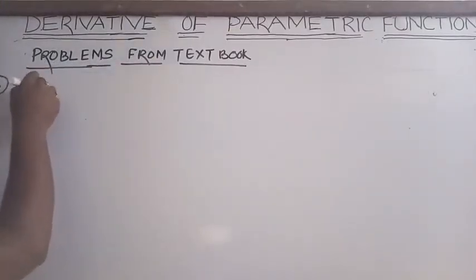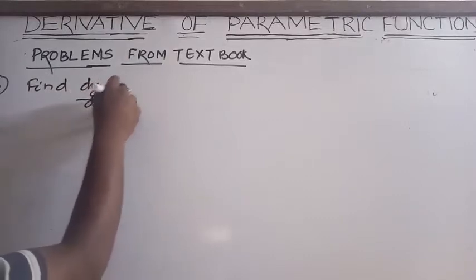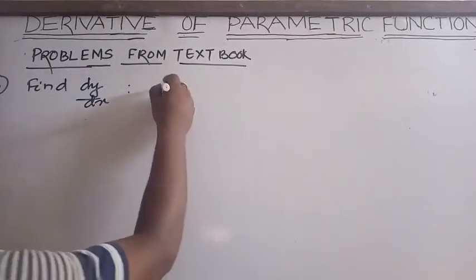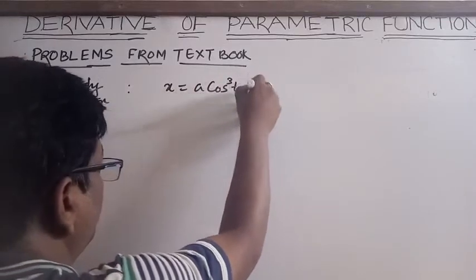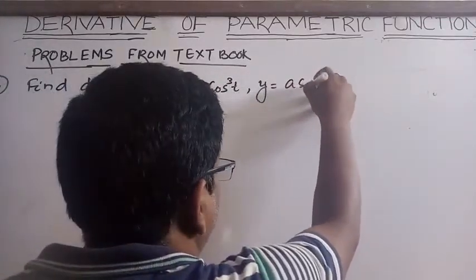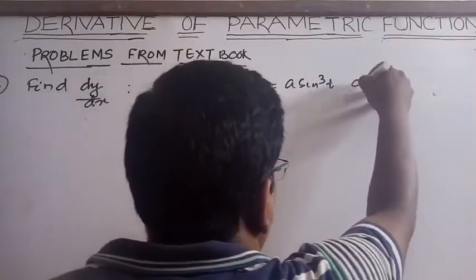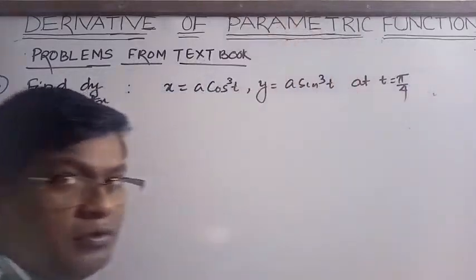Now another question. Find dy by dx if x is equal to a cos cube t, y is equal to a sin cube t, at t equal to pi by 4.